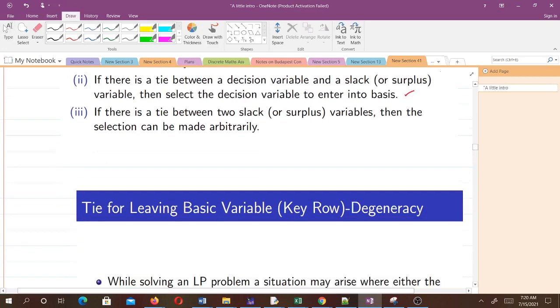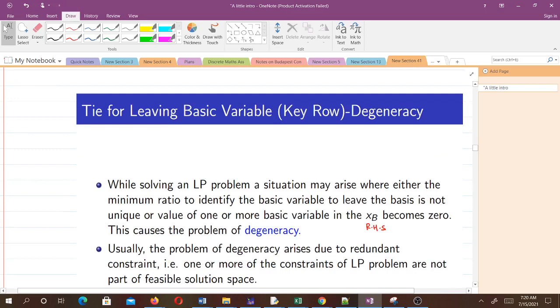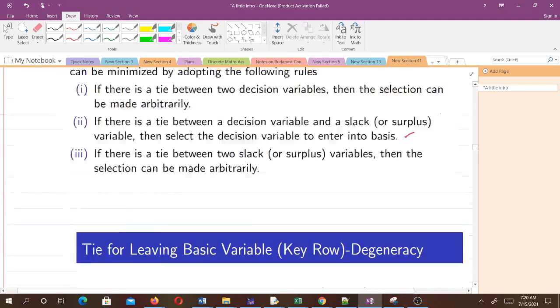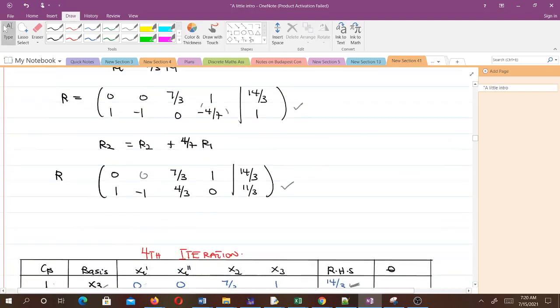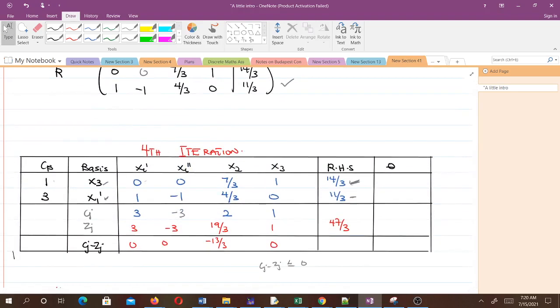What if there is a tie for the leaving basic variable, the key row? This is the problem we call degeneracy. Let me illustrate it with this simplex tableau.